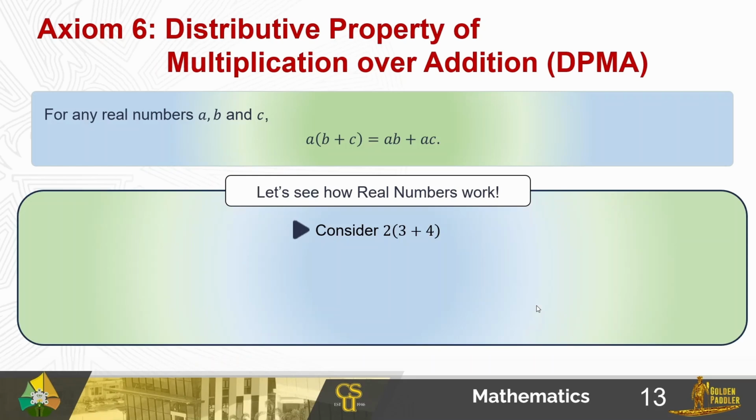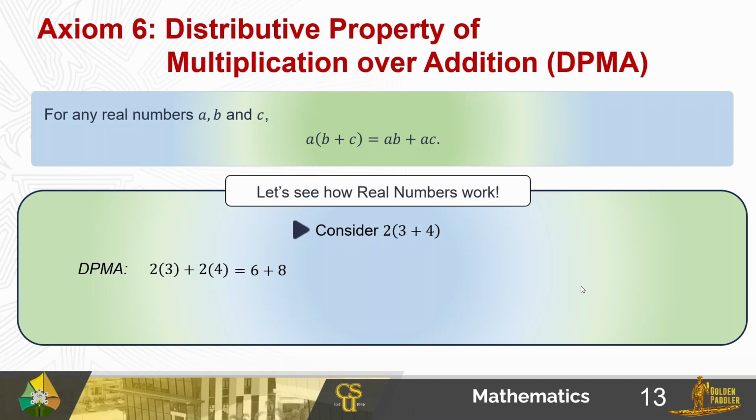Consider 2 times 3 plus 4. Now, by using the distributive property, it simply says that we have to distribute 2 inside the quantity. So, it becomes 2 times 3 plus 2 times 4. 2 times 3 is 6. 2 times 4 is 8.